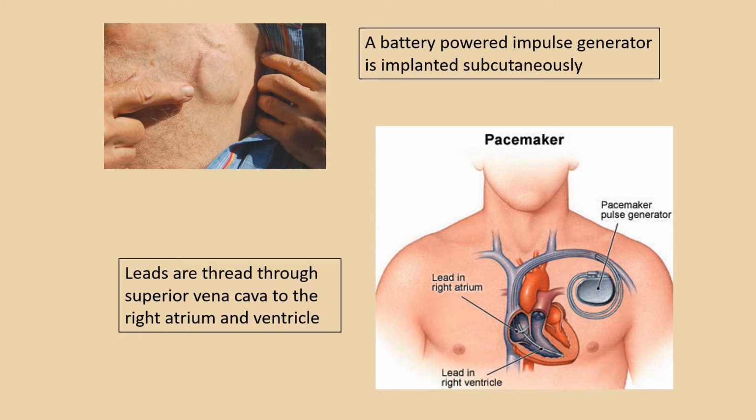Here we see the battery implanted just deep to the skin, so it's pretty accessible. If the battery needs to be changed, it's a minor surgical procedure. From the battery, those electrical leads are threaded through large vessels and into the heart muscle itself.